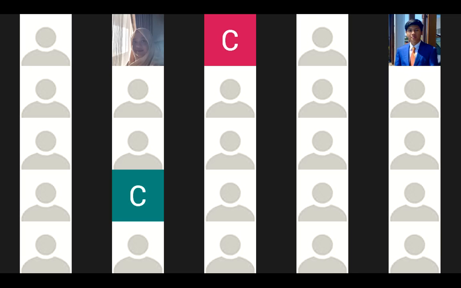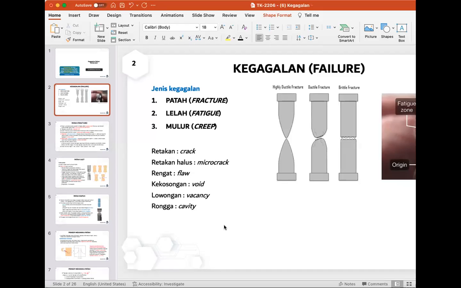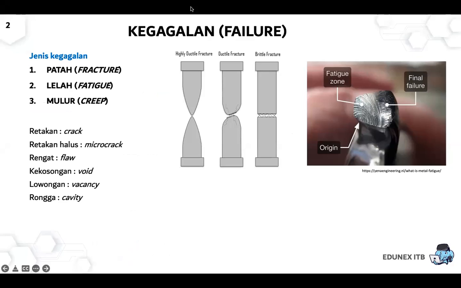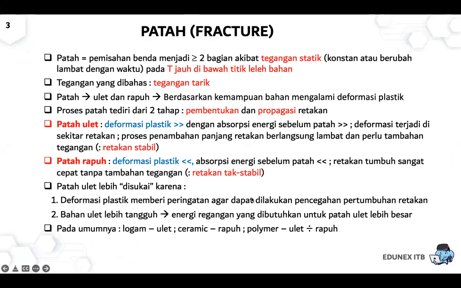Okay, then I'll just share the Indonesian version, because the PDF is not working. So I've explained this one, and now the next step.